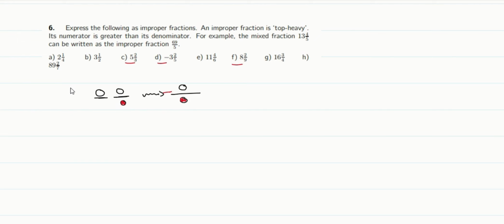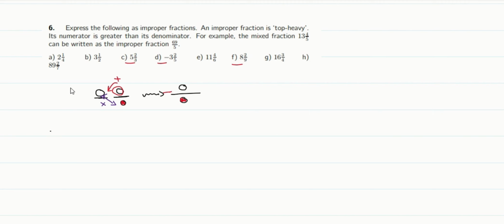In order to calculate the value on the numerator for the improper fraction, you just have to multiply the whole number and the denominator, and you get the result. And after you got the result from the multiplication of those numbers, you just add the numerator to it. So let's solve some examples in order to comprehend this concept.